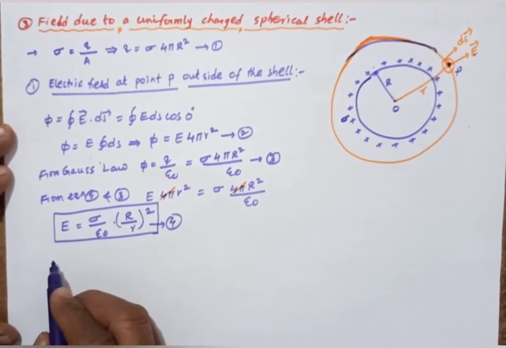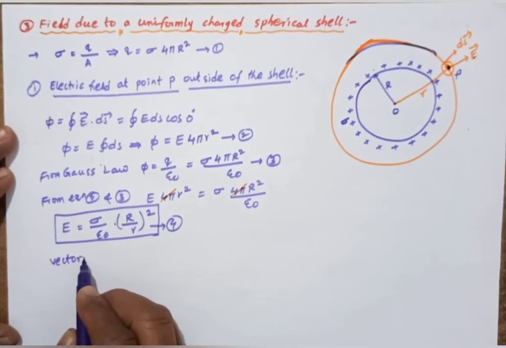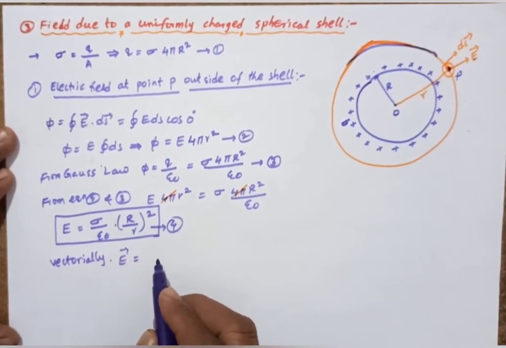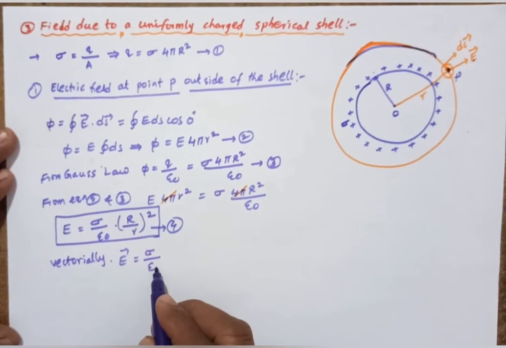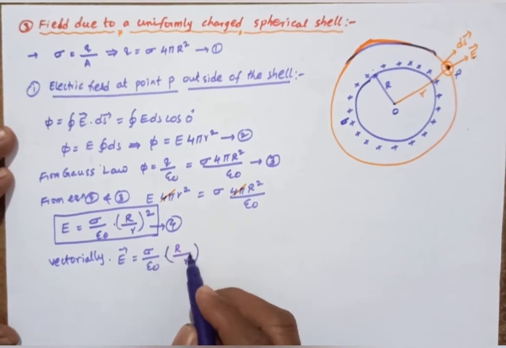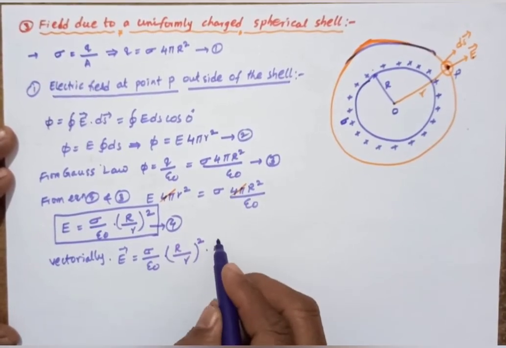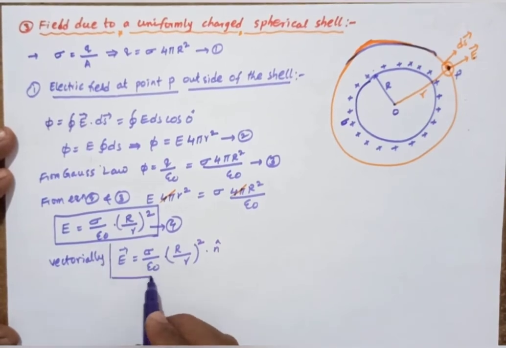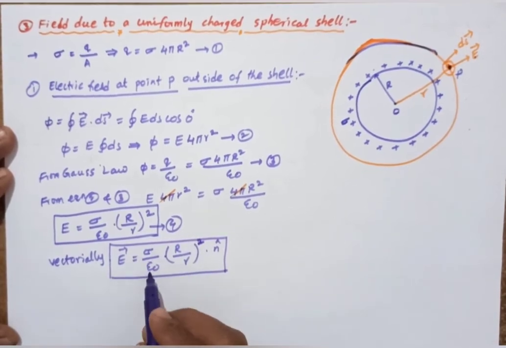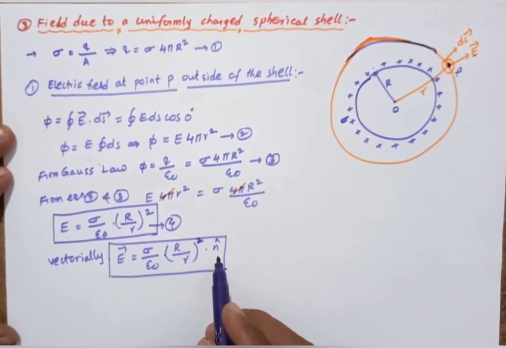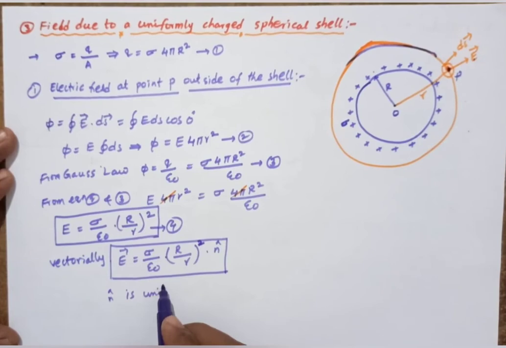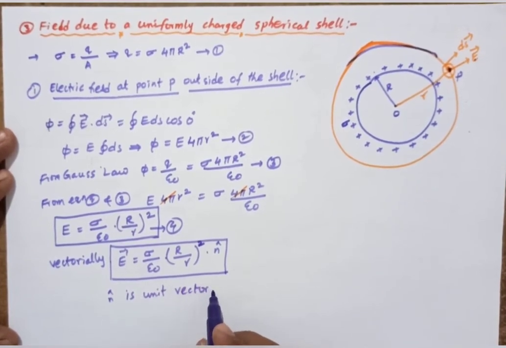Vectorially, it is written as E bar equals sigma by epsilon naught into (R by r) whole square into n cap, where n cap is the unit vector.